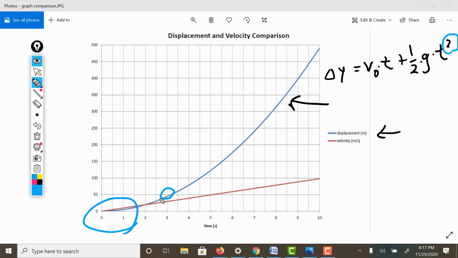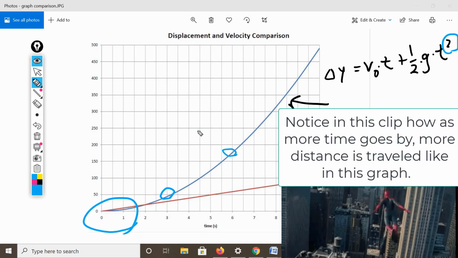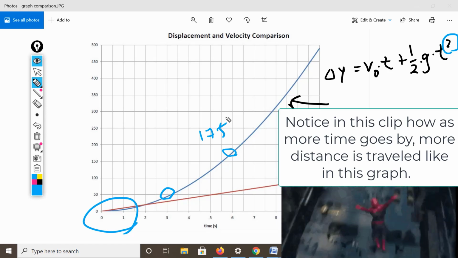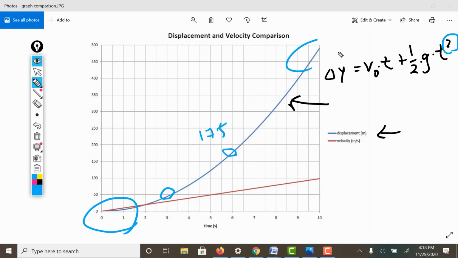If you decide 6 seconds later, then you're already talking about 175 meters away. And the more time you take to think about getting your phone or your camera, it's already way too late. Whereas with velocity, as time goes by, it's pretty consistent. You can expect it to go up by 9.8 each time. The displacement actually grows a lot faster.